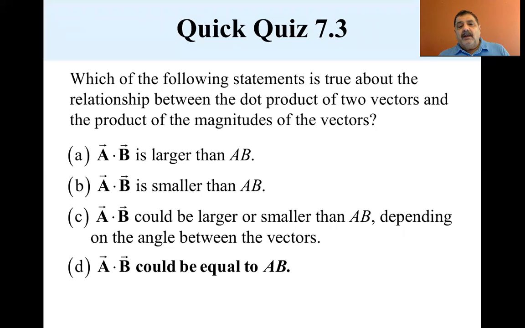So they could be equal. It's not necessarily smaller. It's not necessarily larger. I don't think it'll ever be larger because cosine theta will never be greater than 1. But it could be equal. Okay?